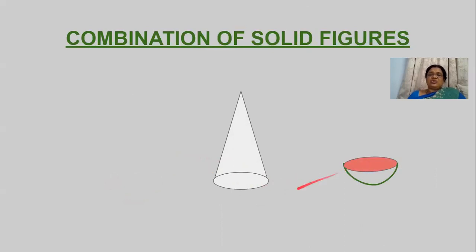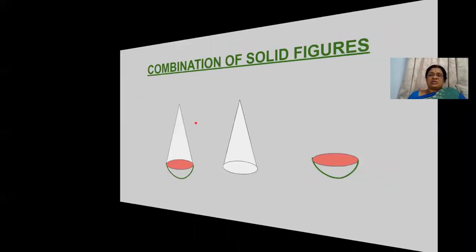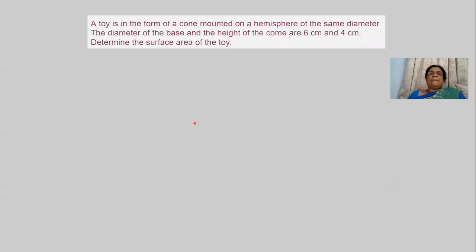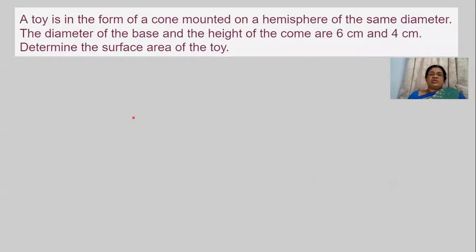When we join these two flat surfaces to form a newly formed object, to find the total surface area of this object, we have to find separately the curved surface area of this cone and the curved surface area of this hemisphere. When we add these two, you will get the total surface area of the newly formed object. See, we'll work out some problems.